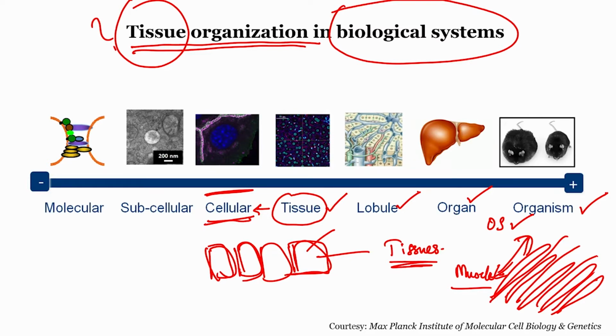For another example, let us say we take brain. Brain has a lot of different types of cells, but one major cell which you all might be aware of is the neuron. Neuron has a different structure like this, with nucleus and these dendrites. These are used for conveying the electrical signals to the next cell. So these are neurons.